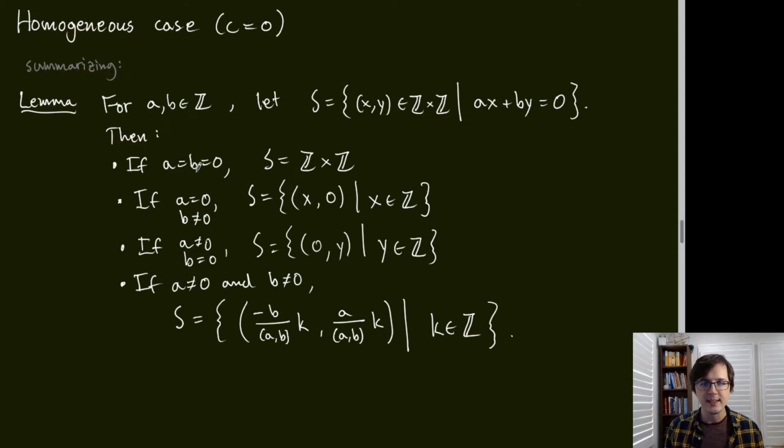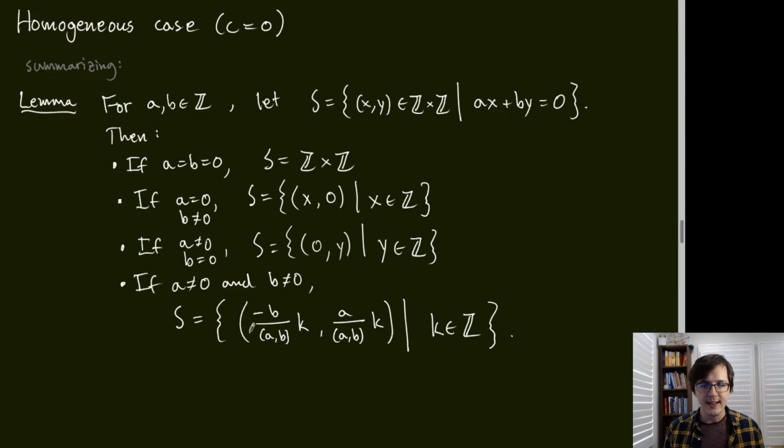The first case is that both are 0, in which case every pair of integers is a solution. In the second case, a is 0 and b is non-zero, and you can check that the solutions are all pairs (x, 0) for varying x. If a is non-zero but b is 0, then the solution set is all pairs (0, y), where y is some integer. And then the fourth case is when they're both non-zero.